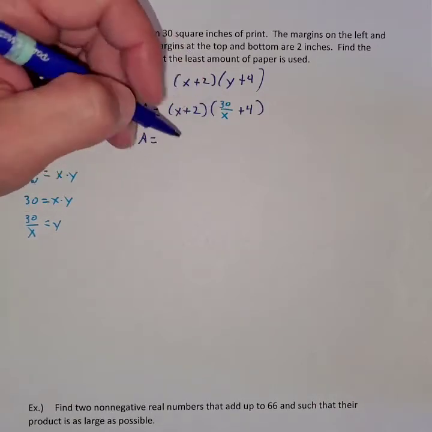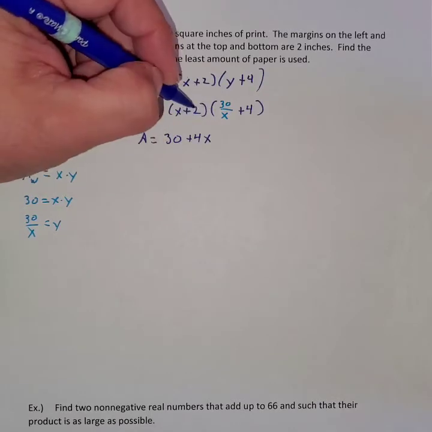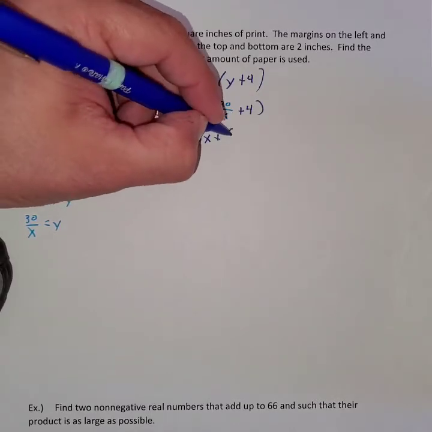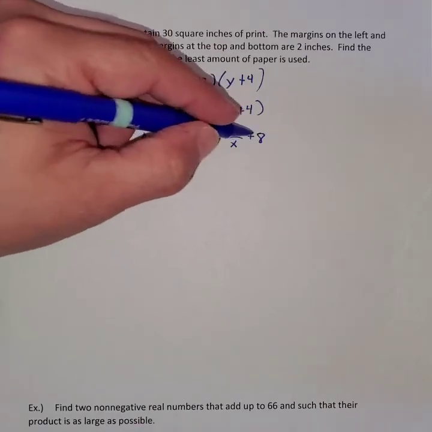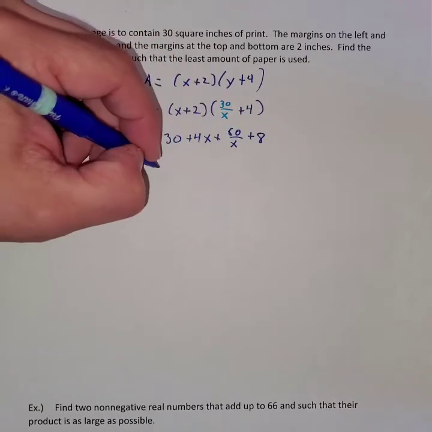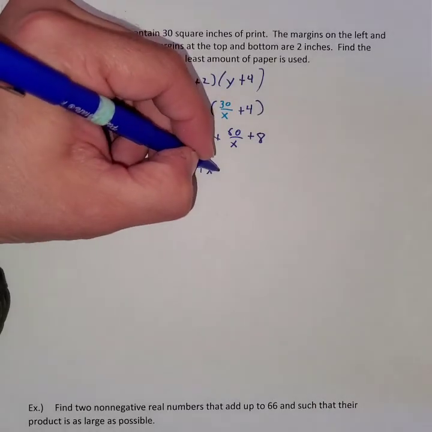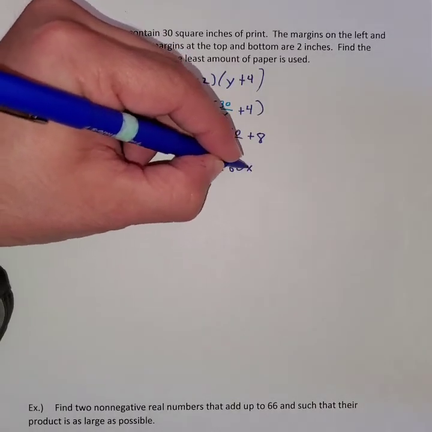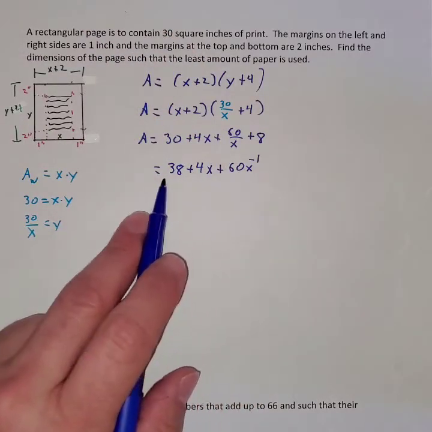So if I distribute X, I get 30 plus 4X, distribute 2, 60 over X plus 8. I'm going to combine like terms and write that with a negative exponent. So 38 plus 4X plus 60 X to the negative 1.